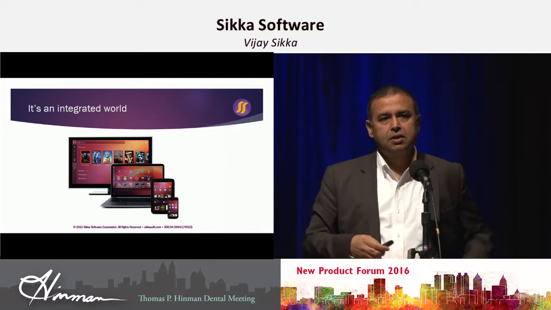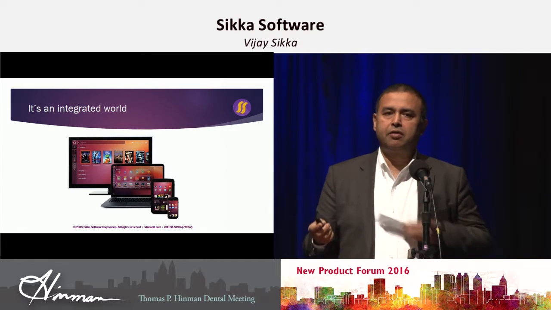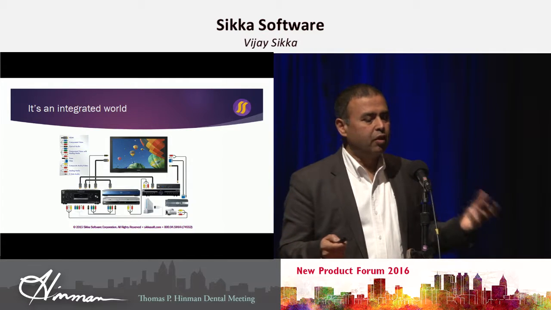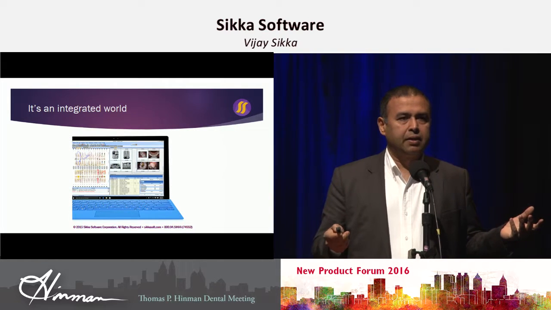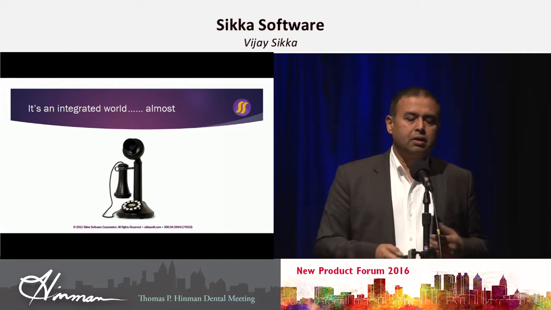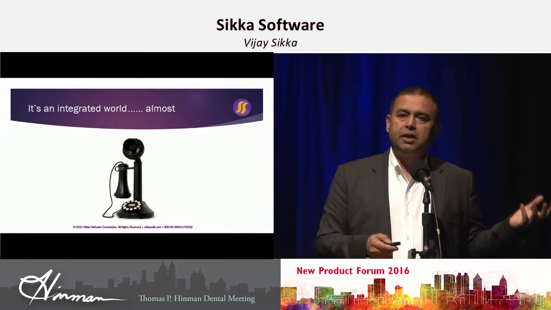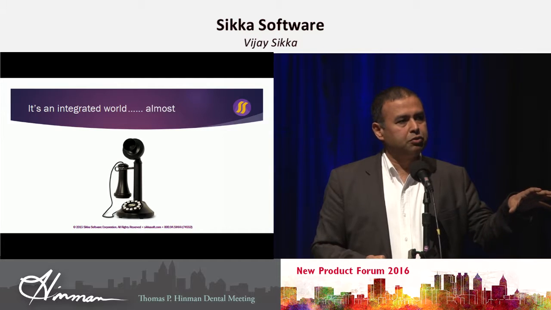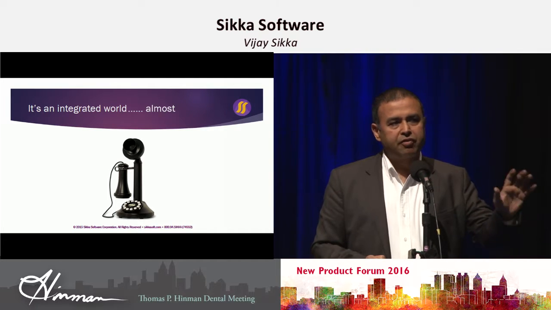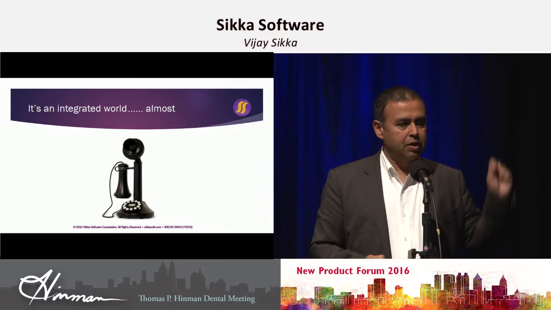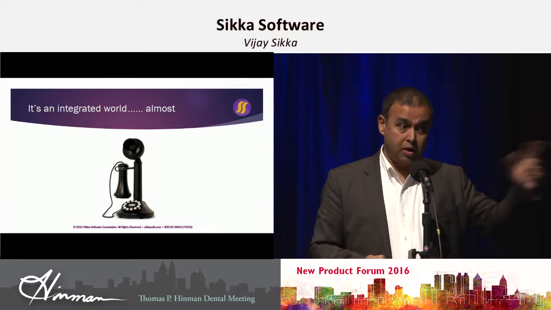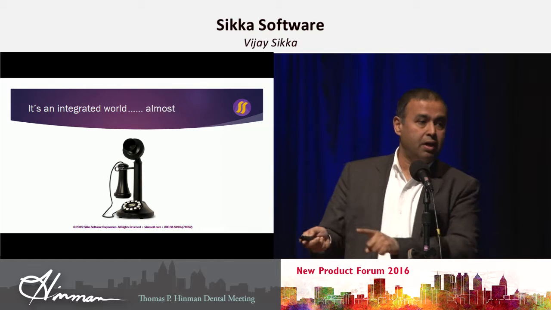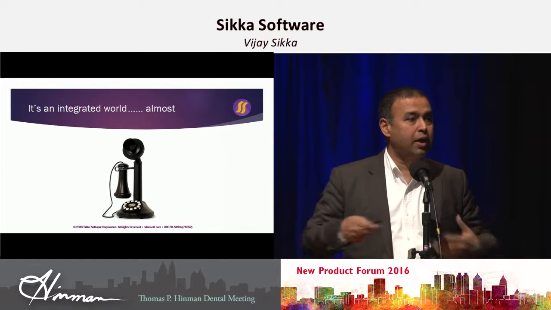The second thing is, all of us are living in an integrated world, right? We all use mobile devices, we all use tablets, we all are connected completely. But we are still using caller ID as our way to identify a patient. And how many times does a patient call your office 5 minutes after your office has called them, and the team member who called them is different from the one who is now receiving the phone call, and they have no idea who the patient is, and they start to locate that patient?